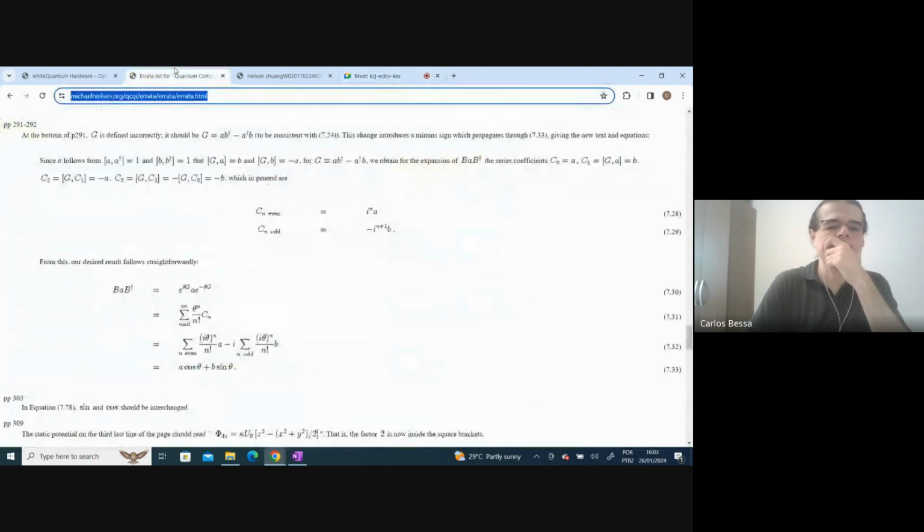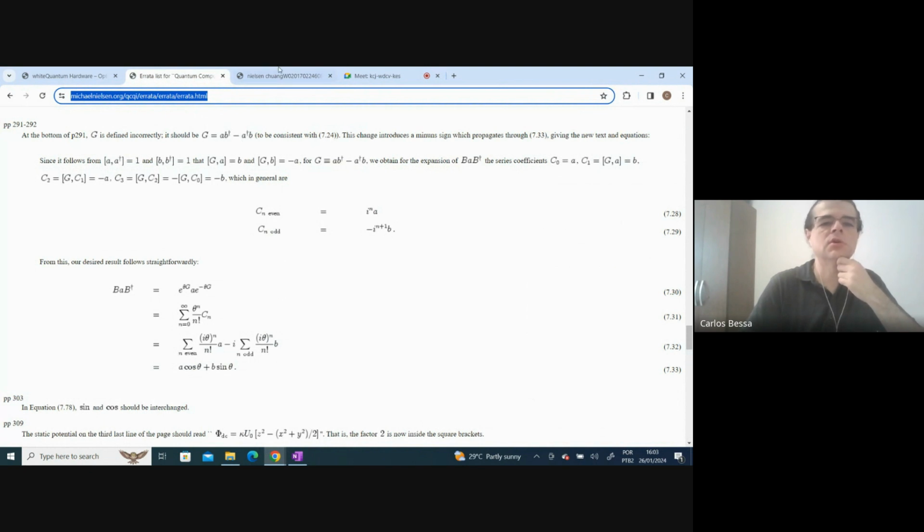At the bottom of page 291, G is defined incorrectly. It should be A B dagger minus A dagger B, to be consistent with 7.24.